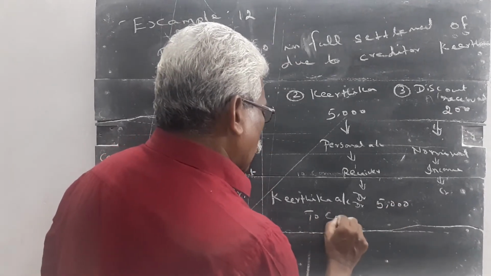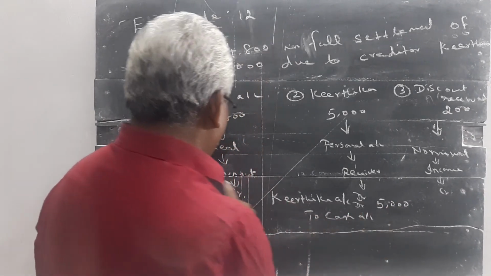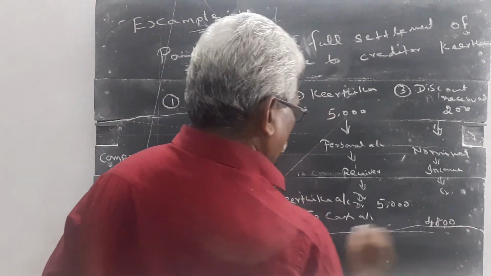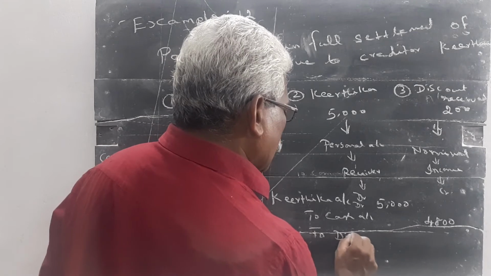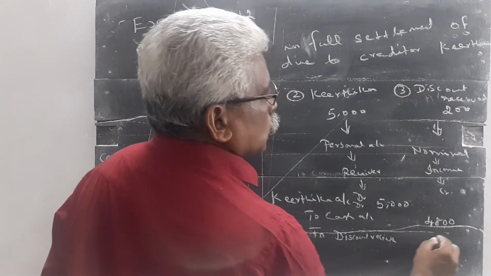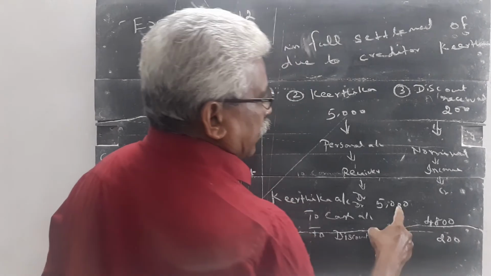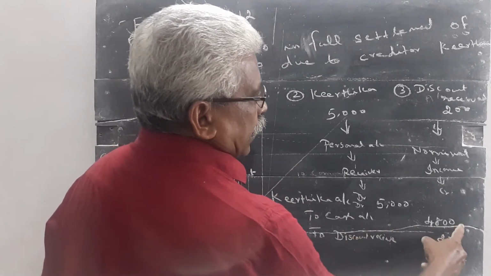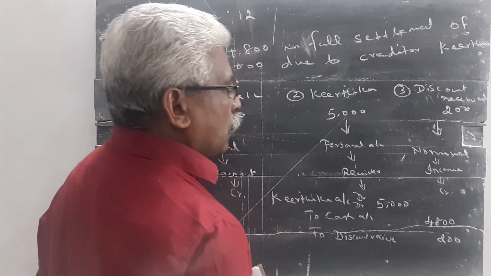To cash account, 4,800. To discount received, 200. Anyway, debit and credit are always tallied. Here, 5,000; 4,800 plus 200 is equal to 5,000.